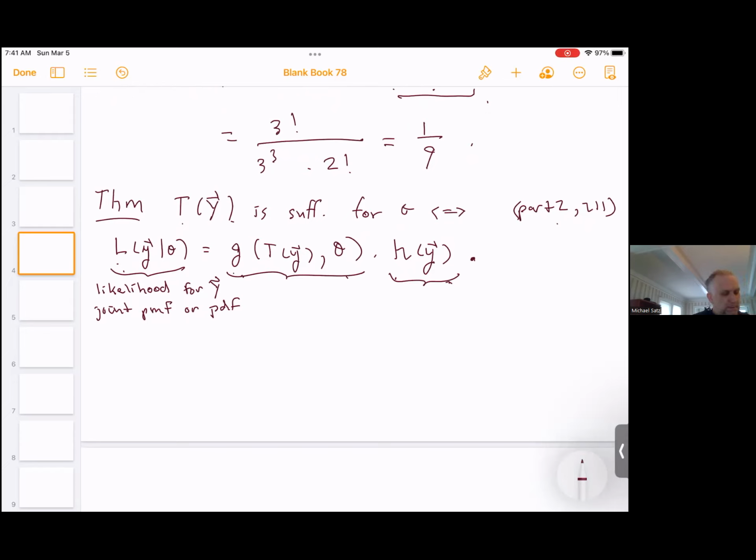Okay, so let's do an example. Notice it's if and only if, so if the factorization exists, then you know T of capital Y is sufficient for theta. Anytime this exists. You can see right away probably, or you will once we start doing the examples, that there is more than one sufficient statistic.